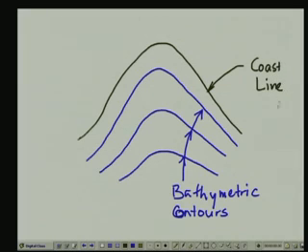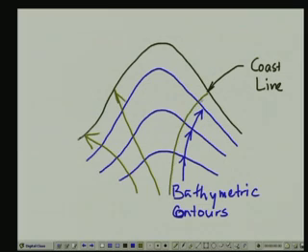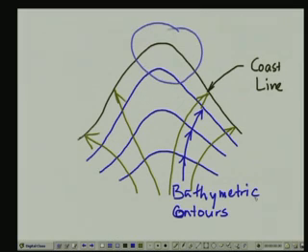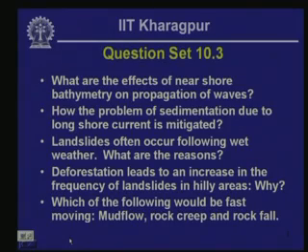In this case, the waves are going to be refracted away from the bay, and the bay is going to form a low energy environment with very little wave attack. So these two sketches illustrate how the near shore bathymetry affects wave propagation.